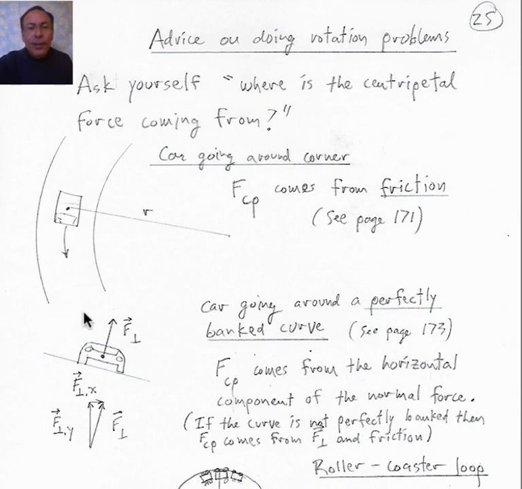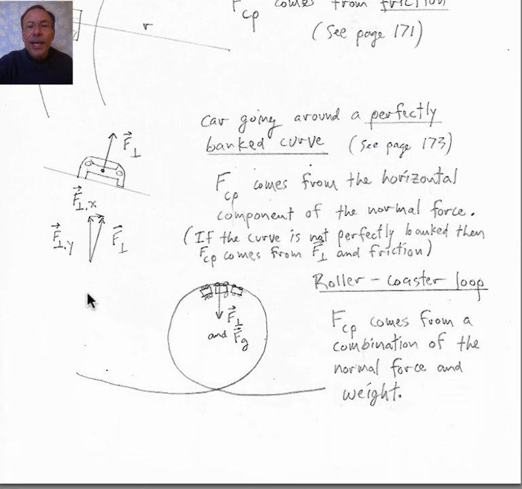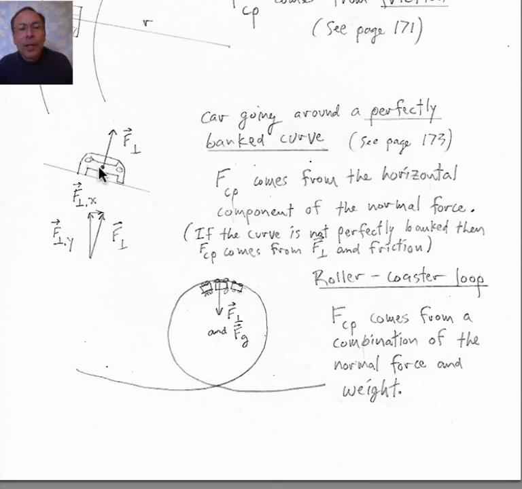Now, there's another interesting case. It's possible to make the curve have a bank to it. In racetracks, they typically will bank the curves. And there is a particular angle, for a particular speed of the car, where if you have a perfectly banked curve, you don't need friction.